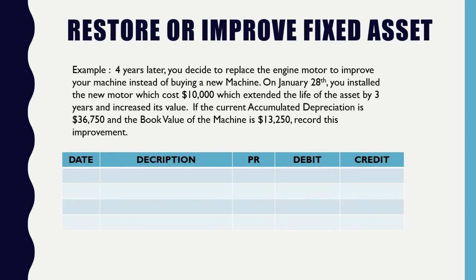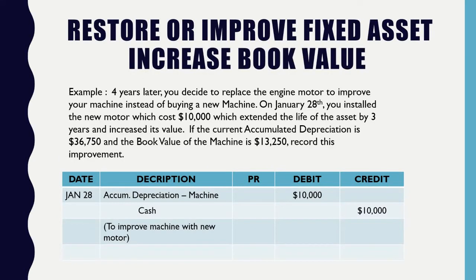So the first example, I'm going to counter it against my accumulated depreciation. So in this case, I'm going to debit my accumulated depreciation by $10,000 and pay for that fixture for $10,000.